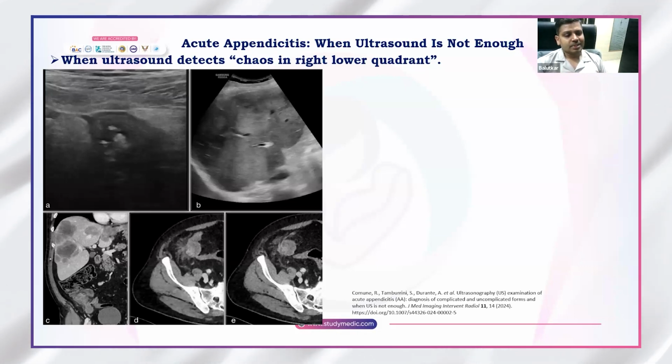In this particular case, they found that there was a mass in relation to the appendix which was not visualized. There was irregular thickening of some bowel loop in the right iliac fossa region. There was too much inflammation, and at the same time there were some heterogeneous masses involving the hepatic parenchyma.